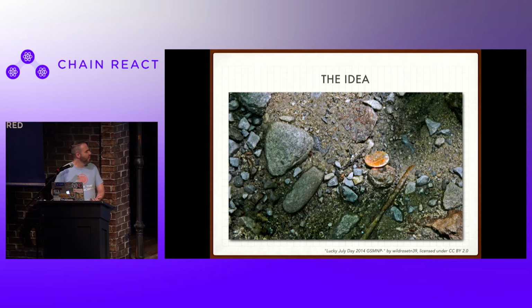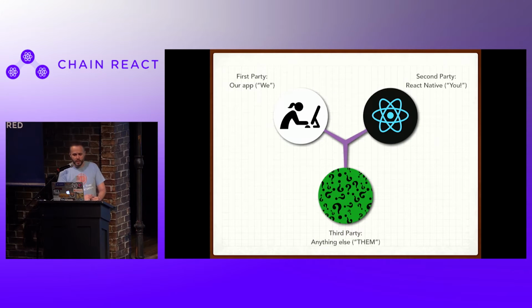But what is a third-party library? Let's get definitions straight first. There are a lot of different contexts where we talk about third parties, but in this particular one, the first party would be us or our software. The second party is React Native, the main piece of software we're working with, and then the third party is anything else pretty much.